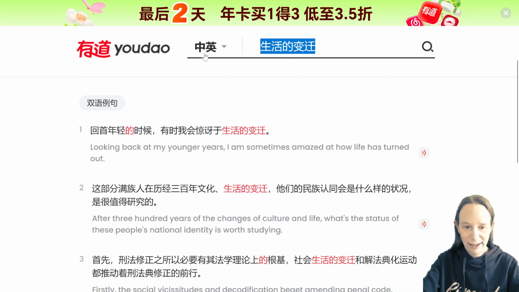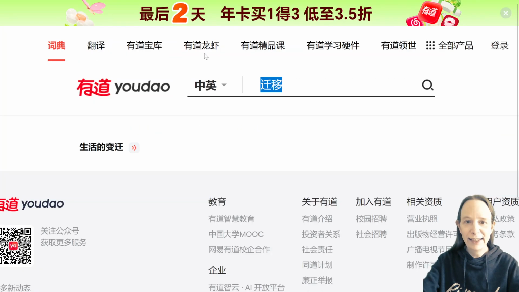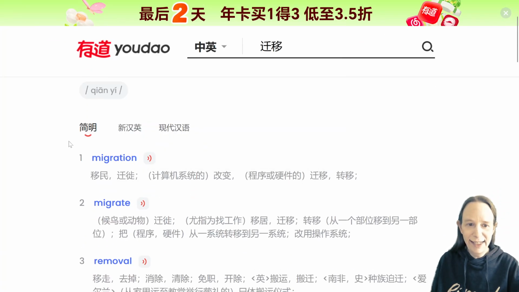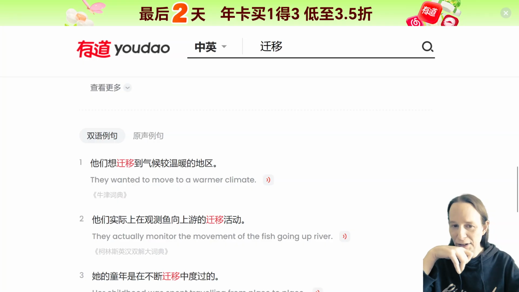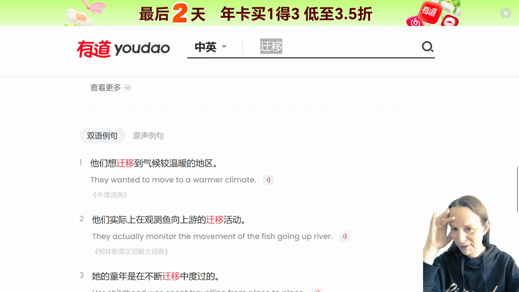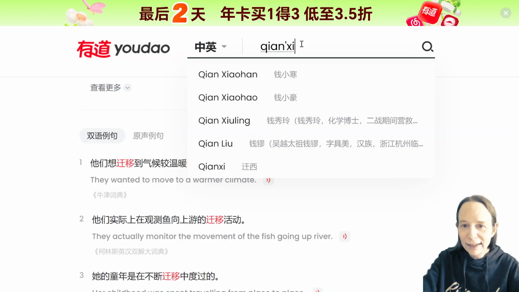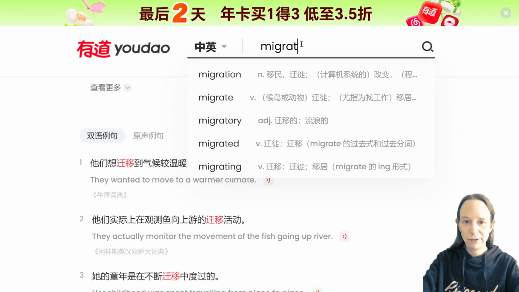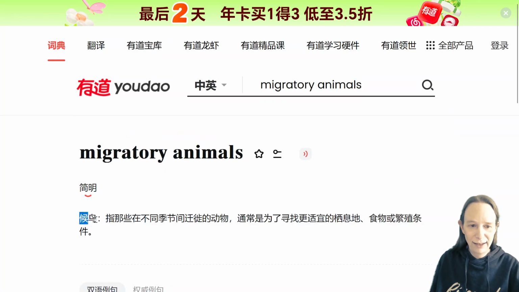And 迁移, this is migrating, isn't it? So we saw 迁徙, but 迁移, migrate. This is human migration, not animal migration. There's another word for migratory animals, 候鸟.